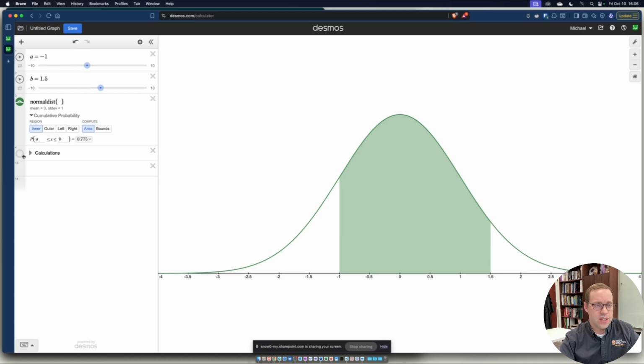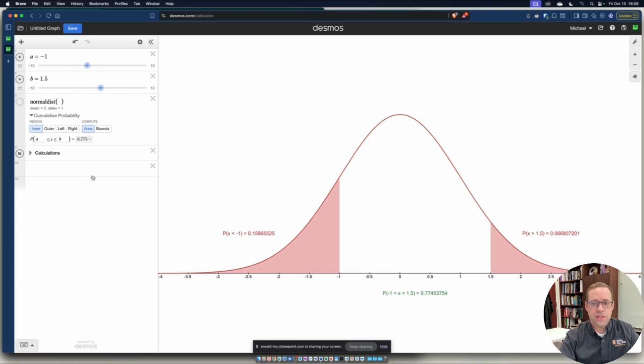So I take the two red curves, I find what their probabilities are together, and then I take the complement of that. So what are the two areas together? Probability of a value less than -1 is 0.158655525.